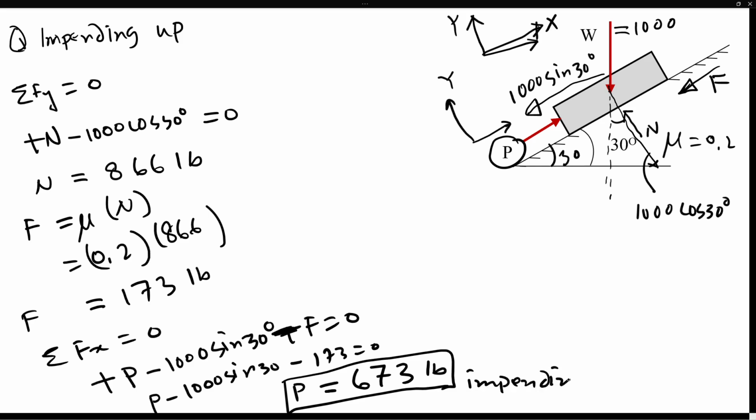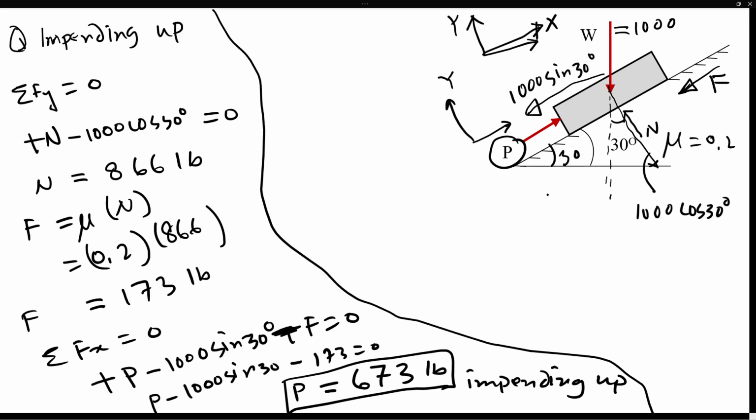for impending upward motion, impending up. Now let's calculate how much it takes just to keep it from falling. In that scenario, the block is trying to move downwards, so the friction force is going to act upward.